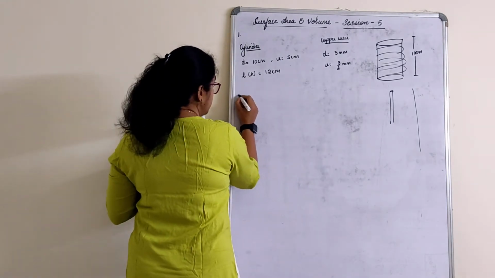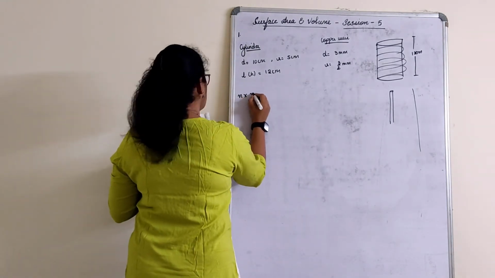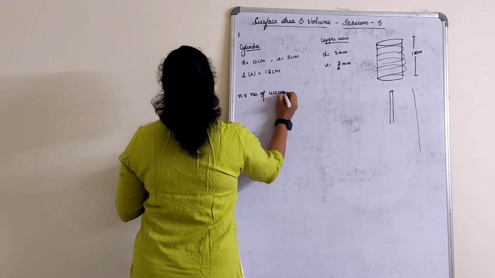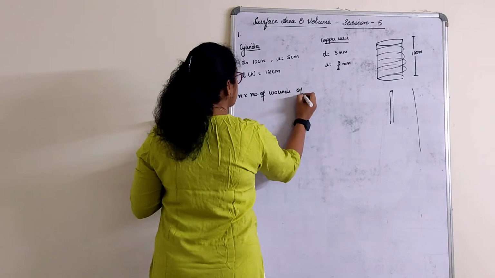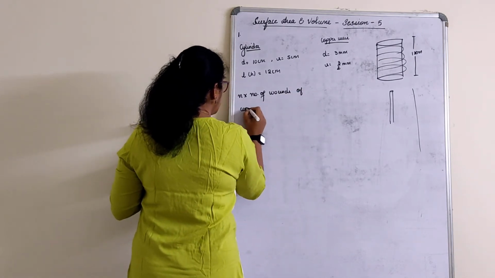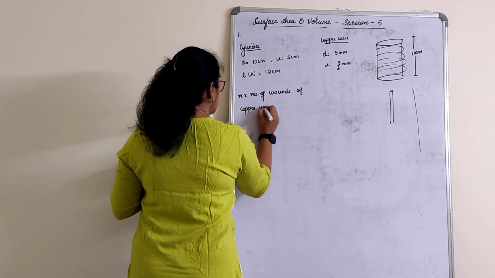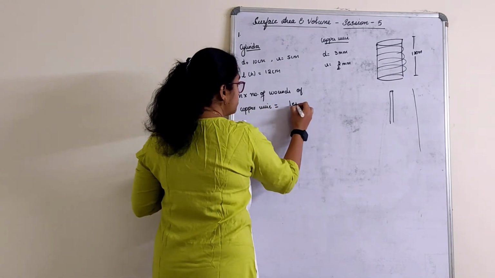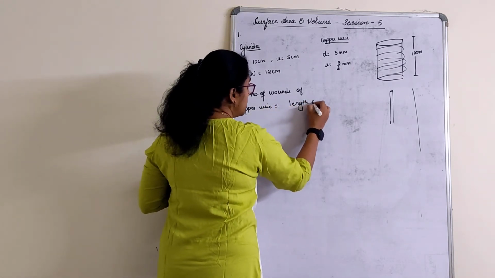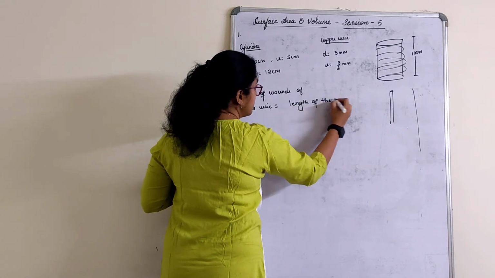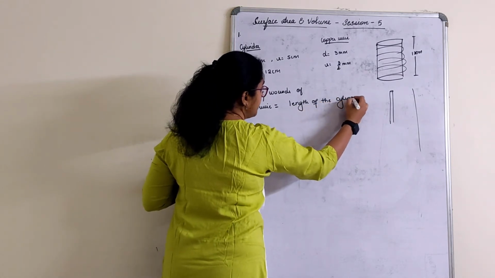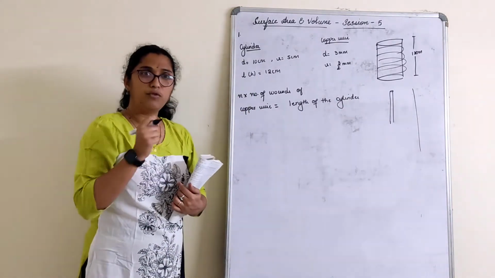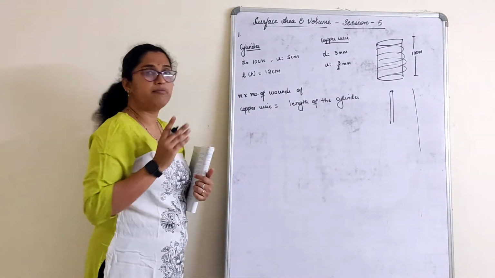I will just write here N, the number of wounds of copper wire, into the diameter is equal to the length of the cylinder. Is this correct, what I have written? For example, say if I wound 10 rounds, that will give me the length of the cylinder.